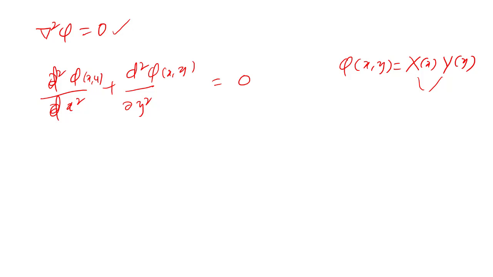So if you don't recall that, please go back to that lecture and do watch it. But what I'm trying to get at is that not all the solutions to del square phi equal to 0 can be expressed as a product of something that depends only on x and something that depends only on y. We're limiting ourselves to a very finite set of solutions, right?